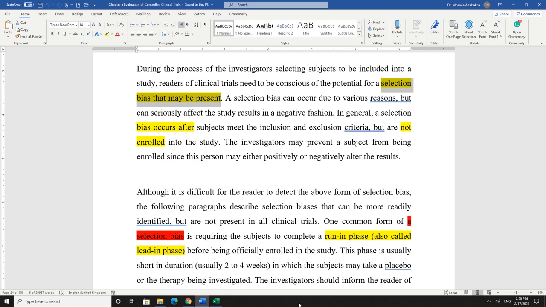For example, many trials, they will have what we call, this is important, okay, it's called run-in phase, or it's also called lead-in phase. Okay, so if you see that there is a run-in phase or lead-in phase, open your eyes, be vigilant, because there may be a selection bias.